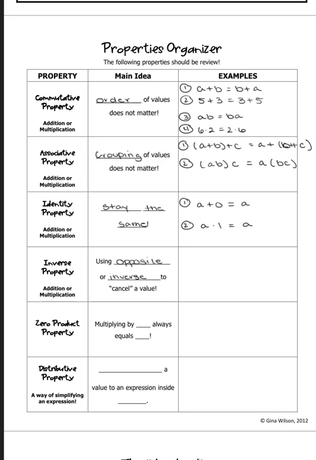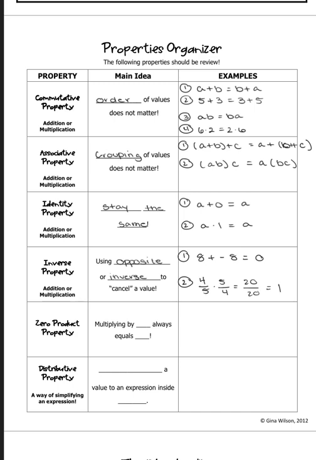So we have to subtract 4 to move it. For addition, for example, 8 plus a negative 8 will give you 0. For multiplication, you have 4 over 5 times 5 over 4, which equals 20 over 20, which gives you 1. So the inverse property gives you the identity. Anytime you use the inverse, you're going to get the identity of either multiplication or addition.